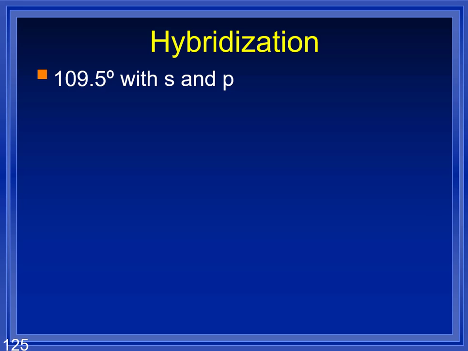Well, why would I need 109.5? Well, I need 109.5 if 4 pairs of electrons are trying to get away from each other, right? I need 4 orbitals. I either have 4 single bonds, or 3 singles and a lone pair, or 2 singles and 2 lone pairs.